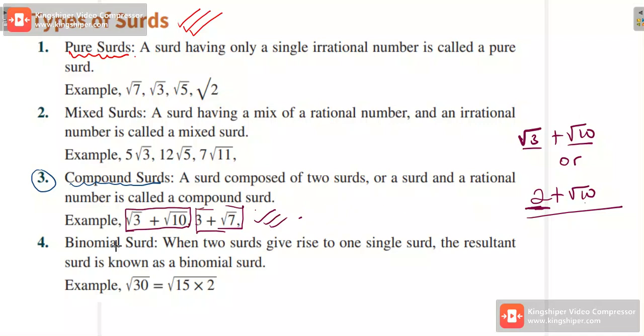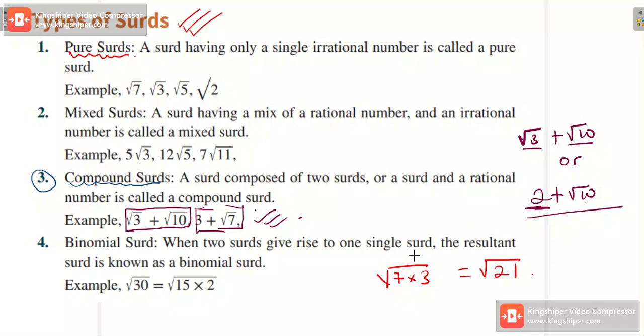Now let's go to the binomial set. When two sets give rise to one single set, the resultant set is known as a binomial set. So let's get this clear. Let's say we have root of 7 times 3. Root of 7 times 3 is going to give us root of 21.